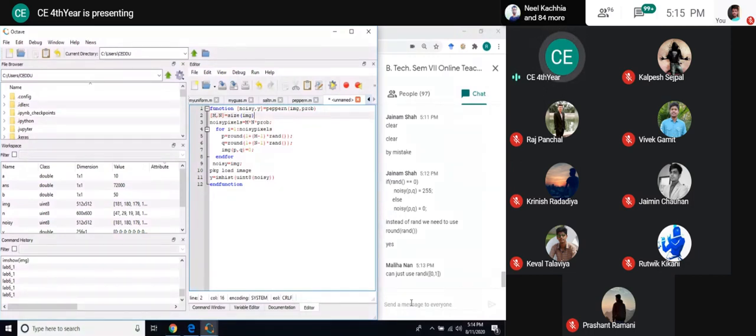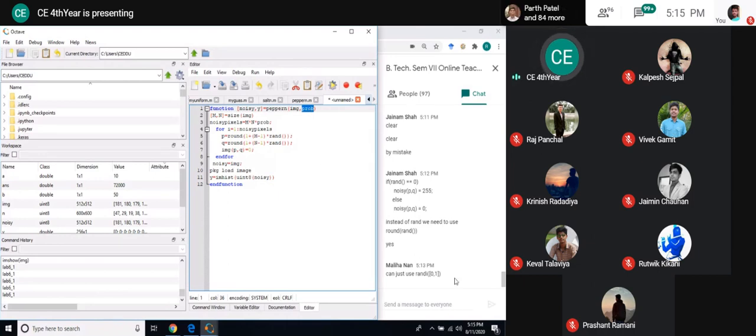So whatever this probability is, you can use the range from 0 to this probability, generate a random number, which will be your probability for salt, and otherwise 1 minus that value will be the probability for paper. In that way also you can generate.